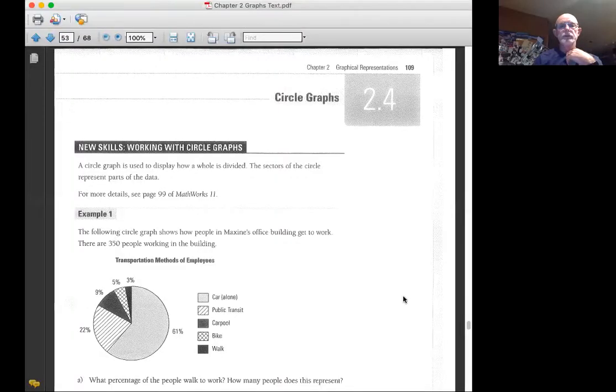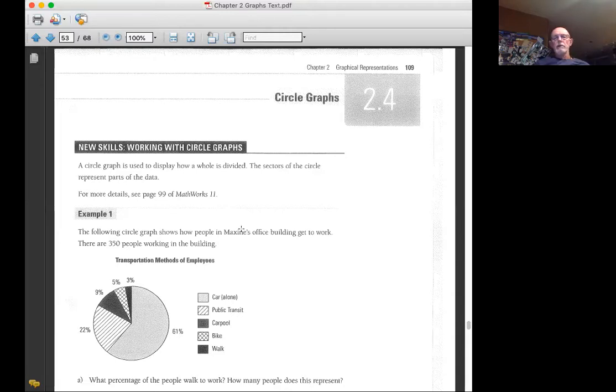Let's start by looking at example one. This is on page 109, and this is what it looks like. Oh no, you can't see that because I need to share my screen first. There we go, and this is what it looks like. Here we have the first one.